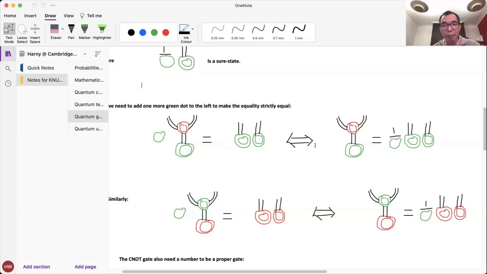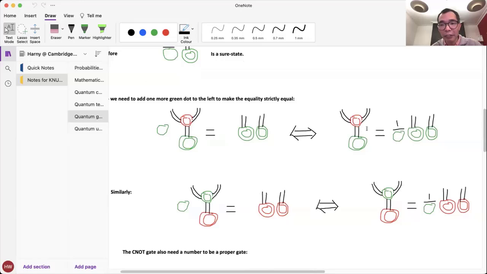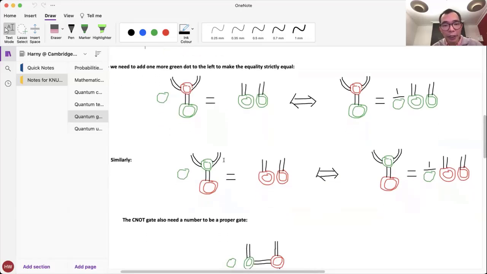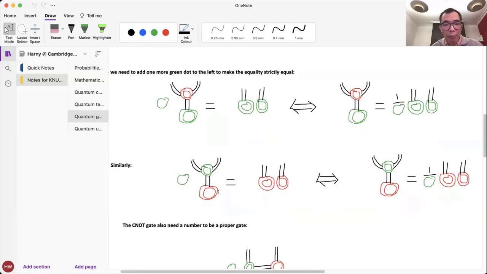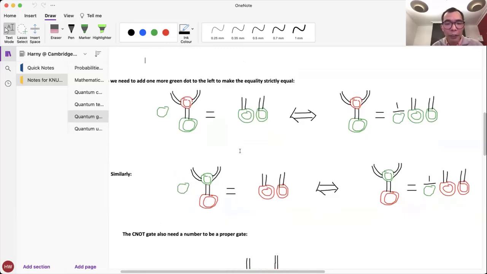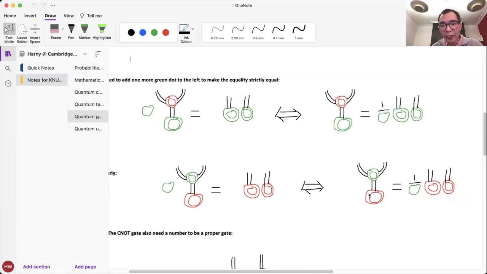So these are clearly equivalent. Similarly for the other copy rule, copy the green by the red, and copy the red by the green. It's very easy to check they are the same. To make them strictly equal, you need to add this green circle, or equivalently on the right side, you can add this half.